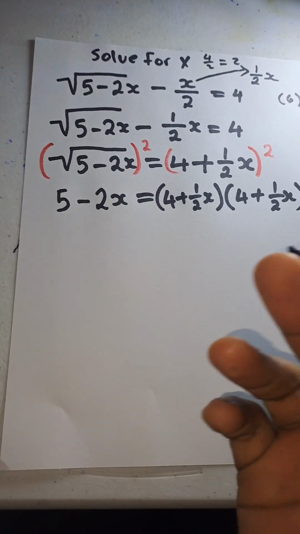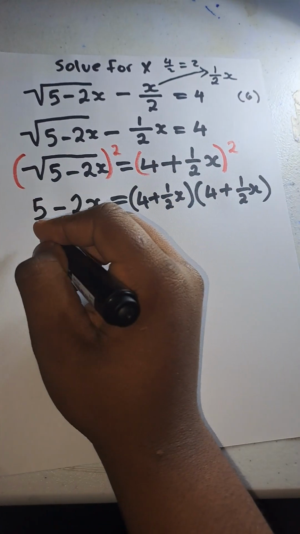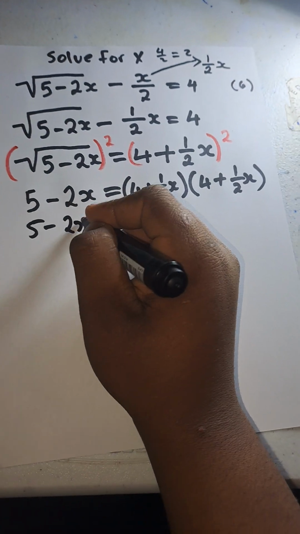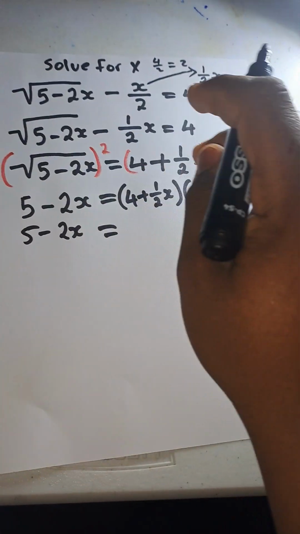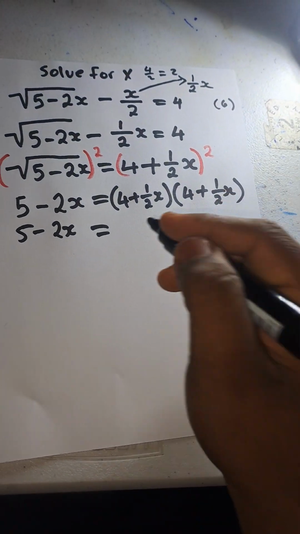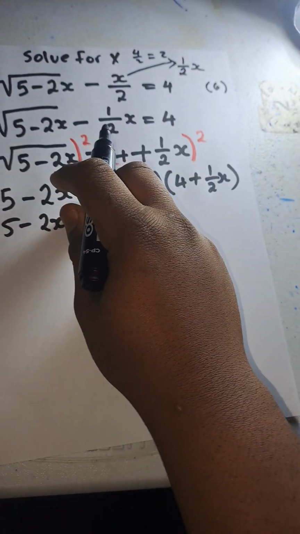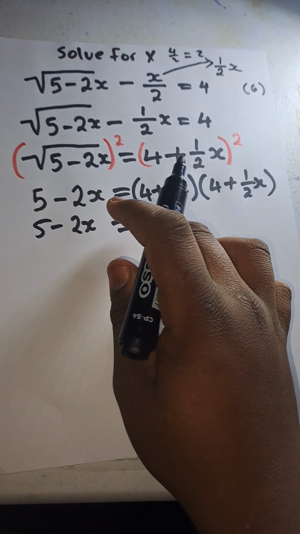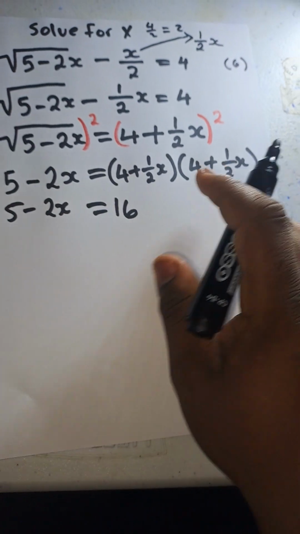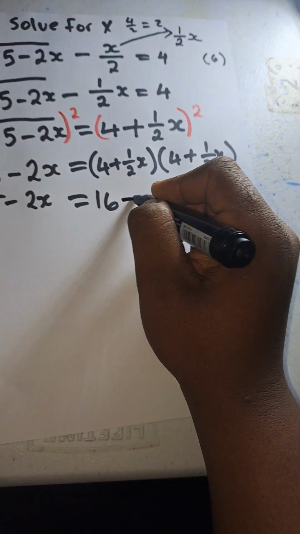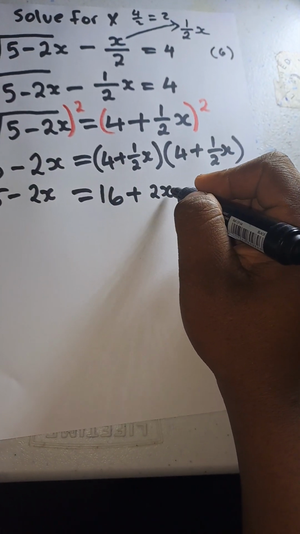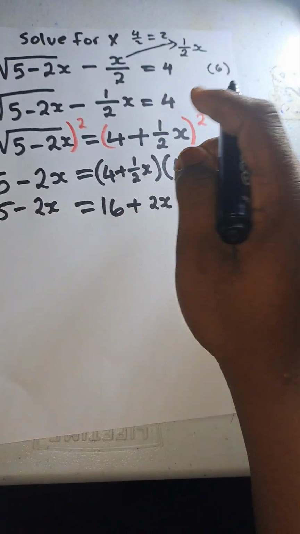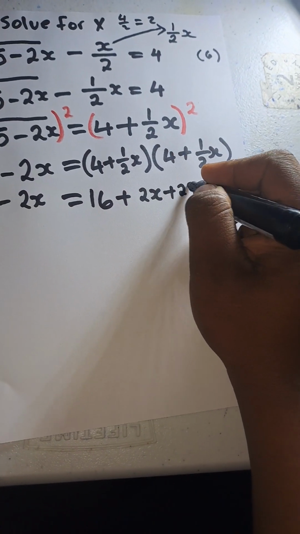So now let's simplify this one. I'm going to be left with 5 minus 2x here, equals, what is 4 times 4? 16, right? And then 4 times half x will be plus 2x, and half x times 4 is the same as 2x.